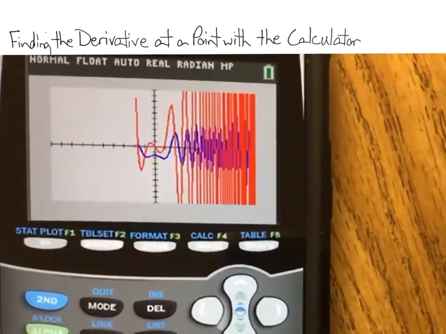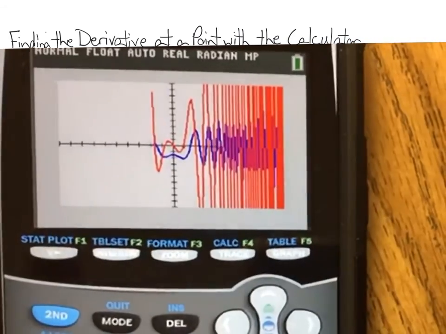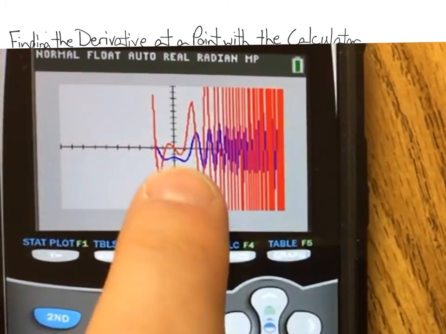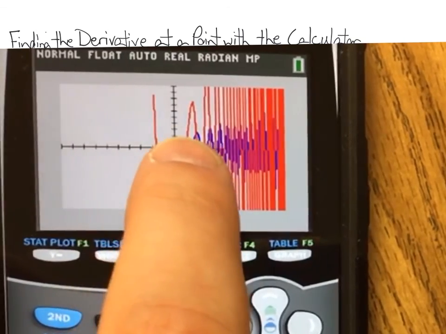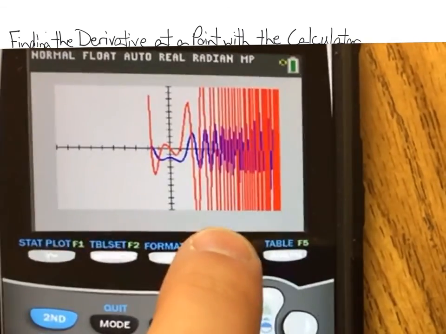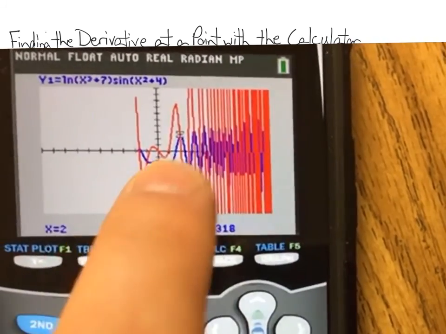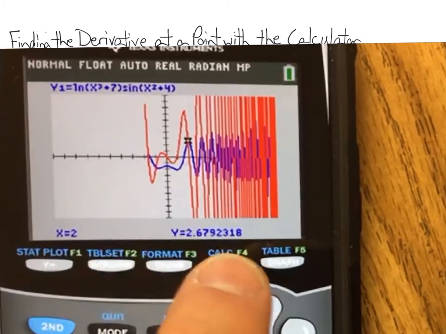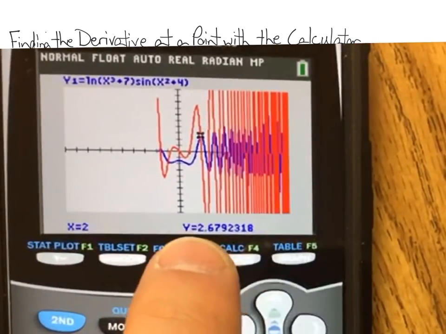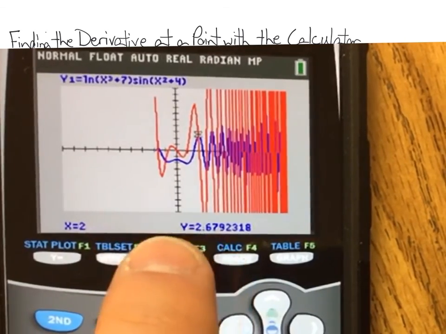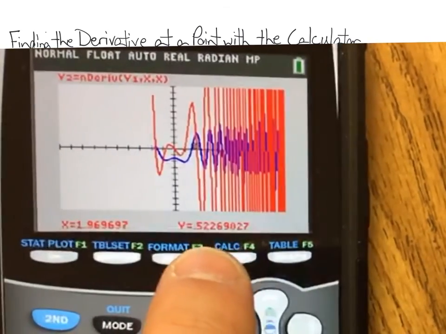One thing I want you guys to see here, though. If I hit trace and go back to 2, when x is 2, here's that point I found before. What was the derivative at that point? It was negative 0.78-something.